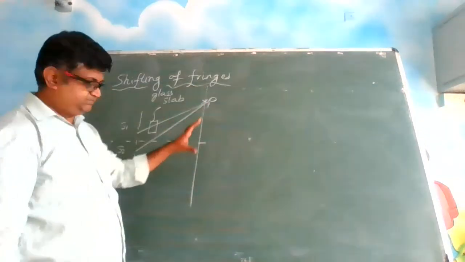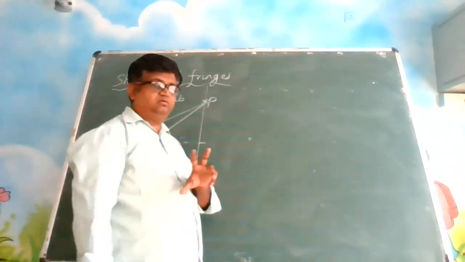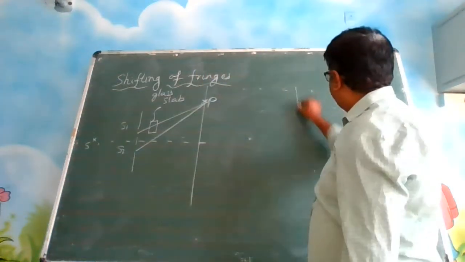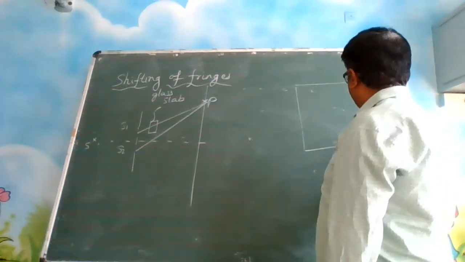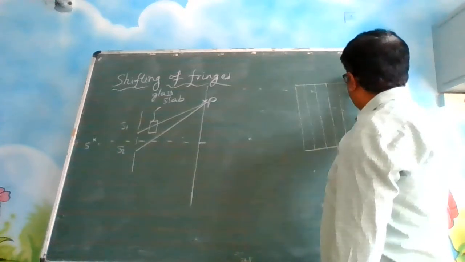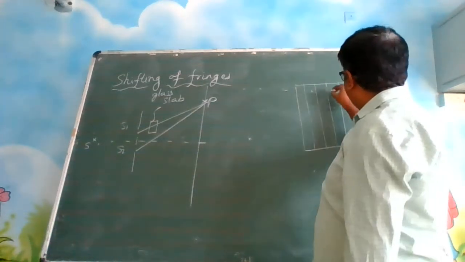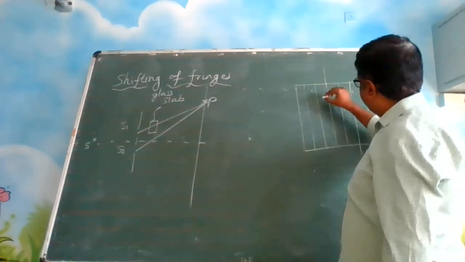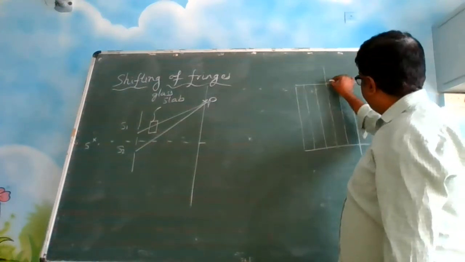you are going to see the fringes. So there are two terms here: fringe width. Fringe width, I told you, you will see a screen like this. You will see strips like this. If you call this the central line, let us say this is bright.